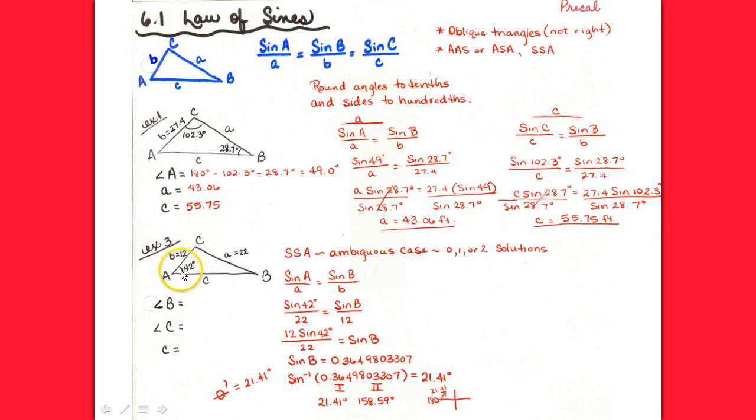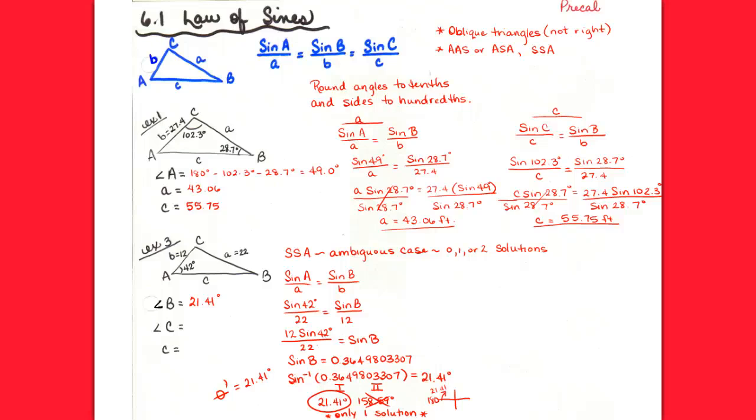Can I have a 42-degree angle, a 21-degree angle, and room for a third angle? Yes, so that one's fine, right? Can I have a 42-degree angle, 158-degree angle, and room for a third one? No, I'm already over 180. That's not possible. So that's how I know that 158 is not a viable solution here, and the only solution would be the 21.41.